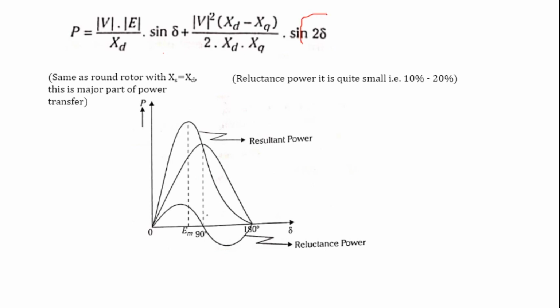Because of the presence of sine 2 delta. In place of 180 degrees, it is going to complete 2 cycles. So we can see that at 90 degrees it comes back to 0 because of the presence of 2. Another cycle, the negative half cycle, is completed at 180 degrees. This is what we consider the reluctance power.